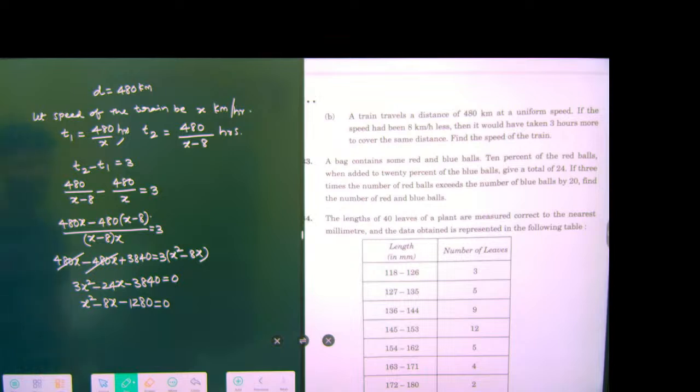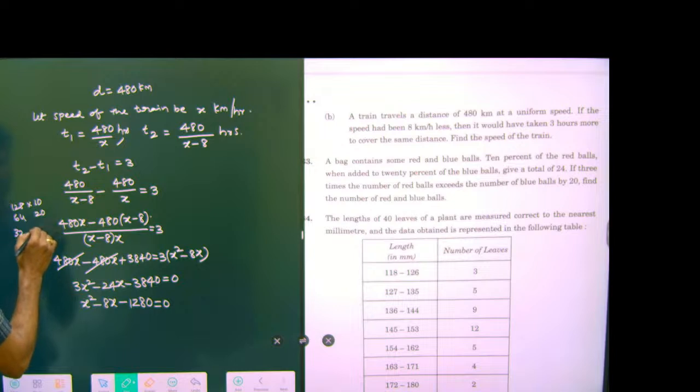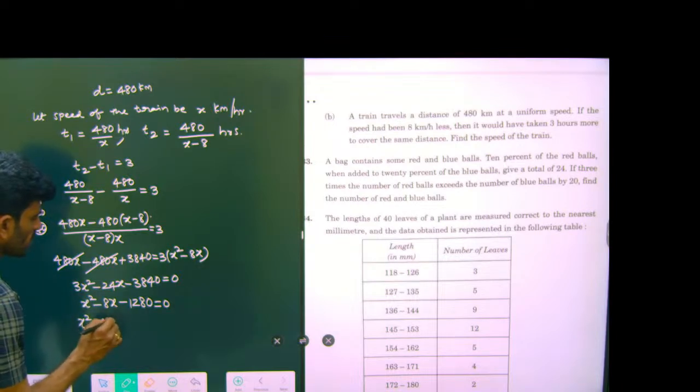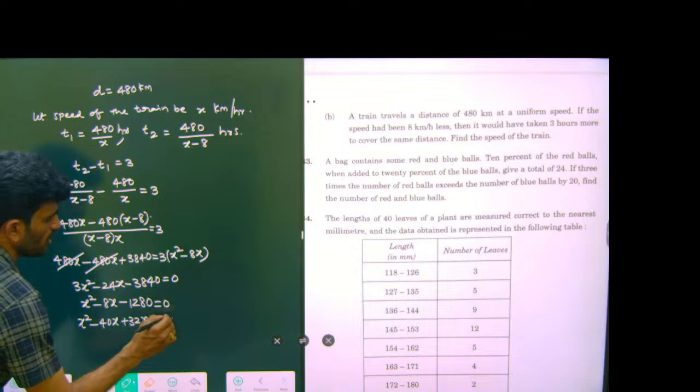Now we have to find the factors of 1280. 128 into 10, 64 into 20, or 32 into 40. So 32 and 40 are the factors such that we get 8. So we can write it as x square minus 40x plus 32x minus 1280 is equal to 0.